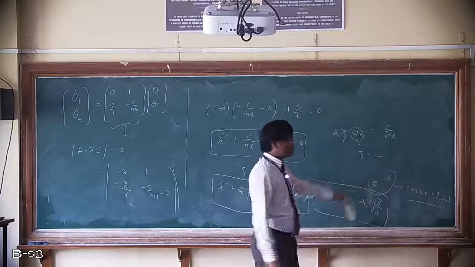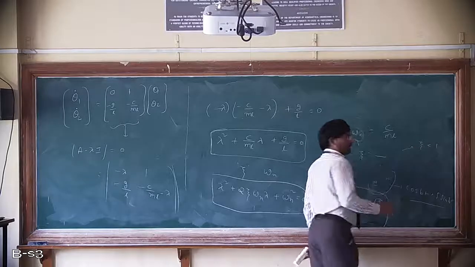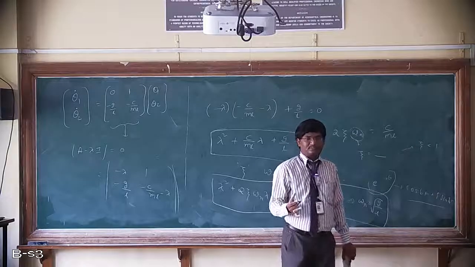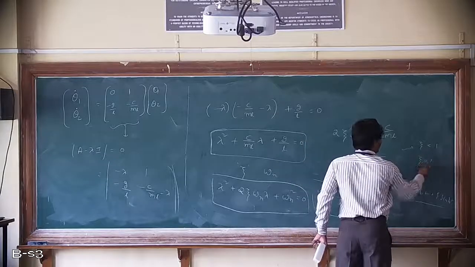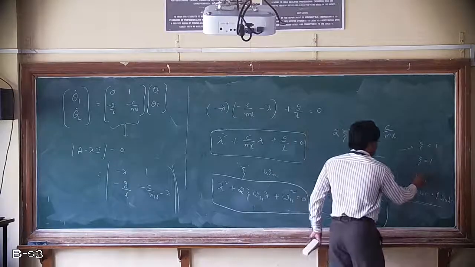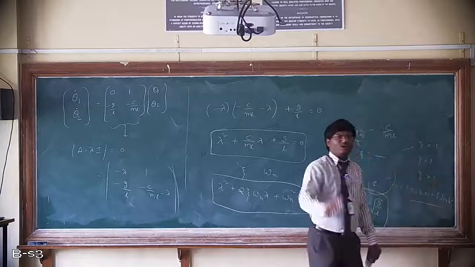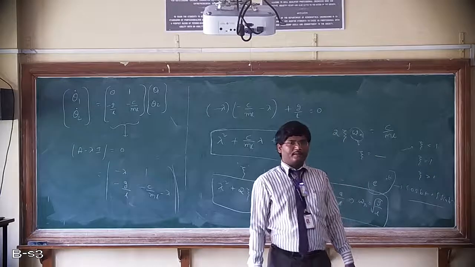If zeta is less than 1, that is an under damped system. Zeta is equal to 1, that is a critically damped system. If zeta is greater than 1, that is an over damped system. Right?